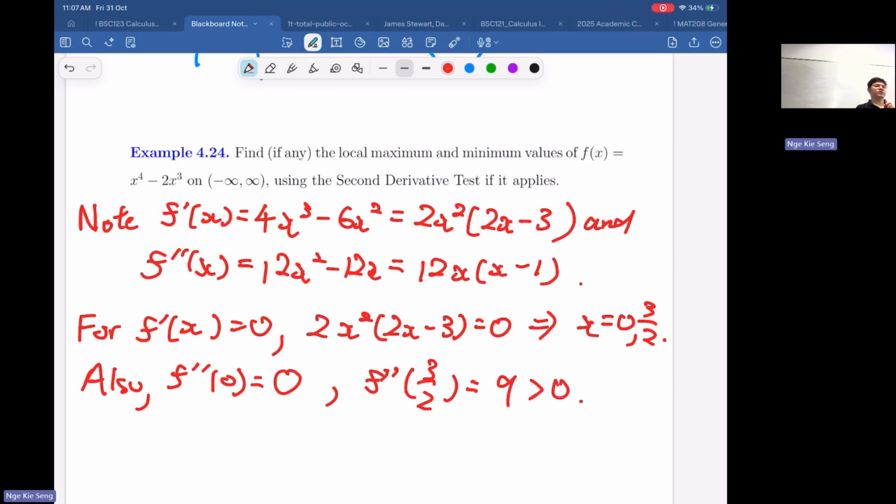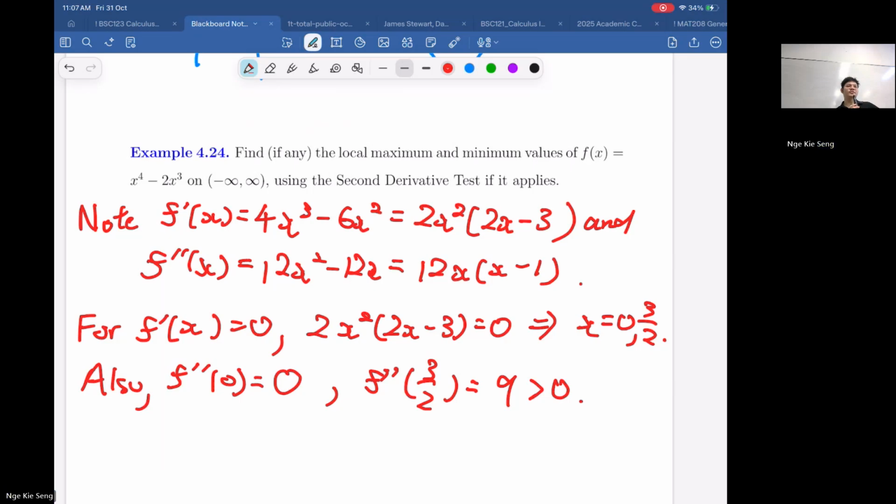It's greater than 0. So by the second derivative test, what can you say about f''(0)? Is it a local maximum or minimum when the second derivative equals 0? Is it a local maximum or minimum?